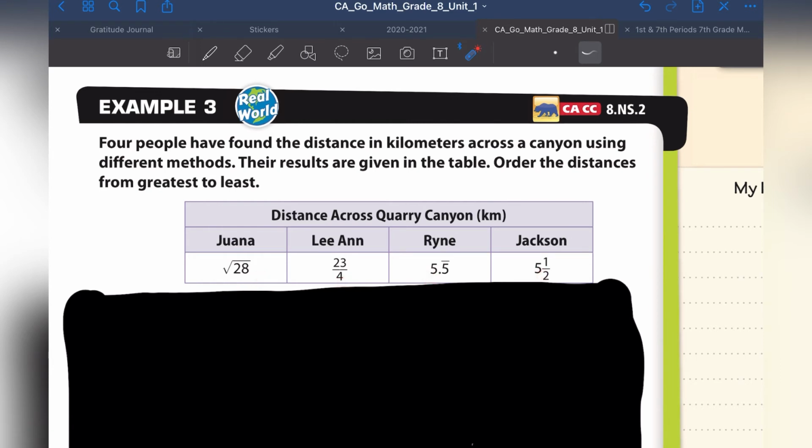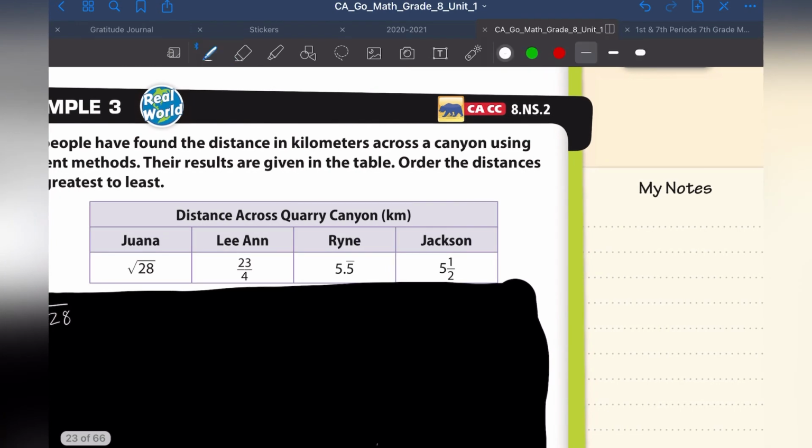So the first thing that we want to do is make sense of the numbers that are irrational. For example, the square root of 28. That is not a perfect square. So let's look at our perfect squares. We know the square root of 25 is equal to 5.